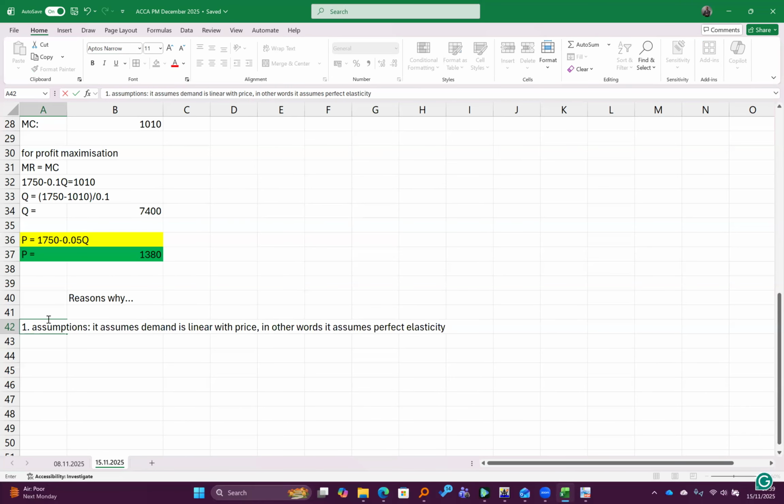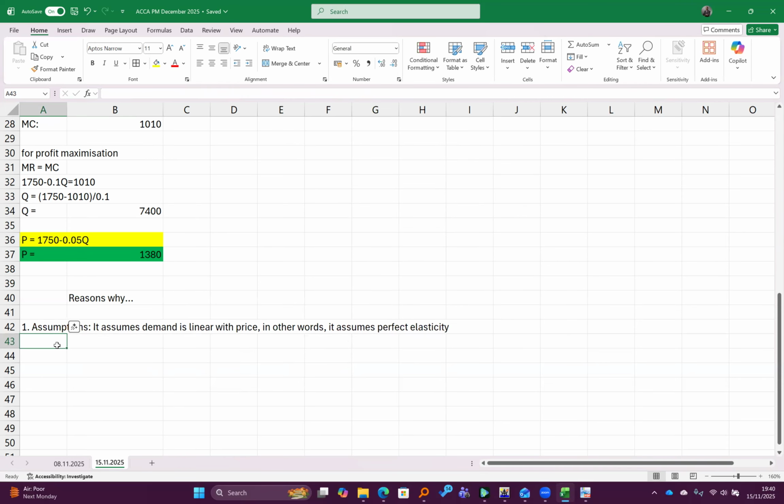But that's not usually what happens, because sometimes as you increase the price, demand might fall, but a point reaches where the price has increased so much and demand doesn't fall linearly. People just go away from your product altogether. So that is one problem.